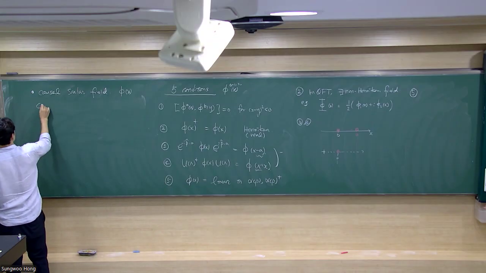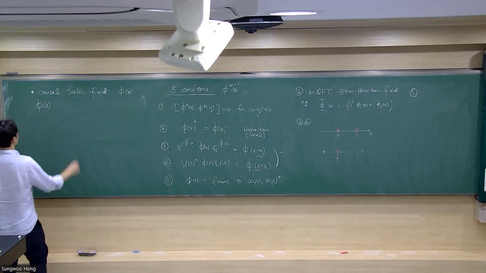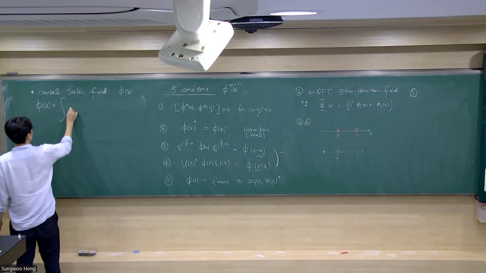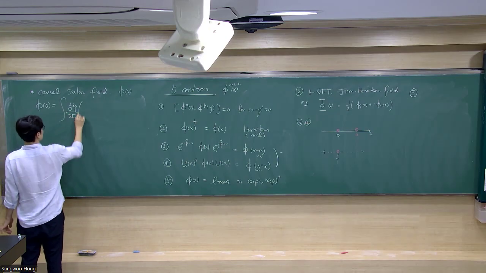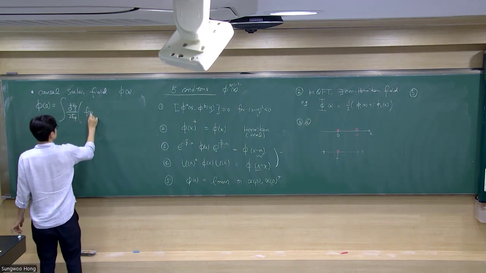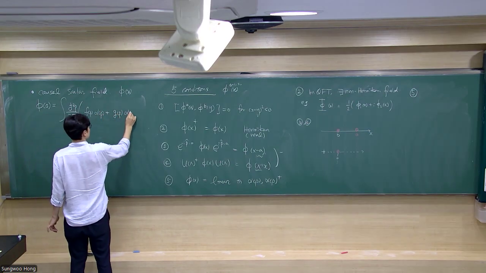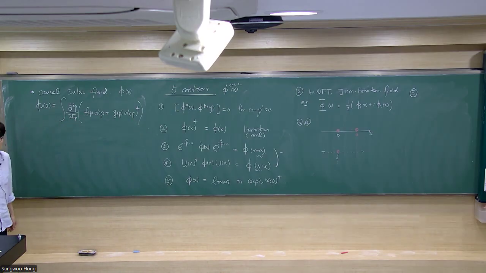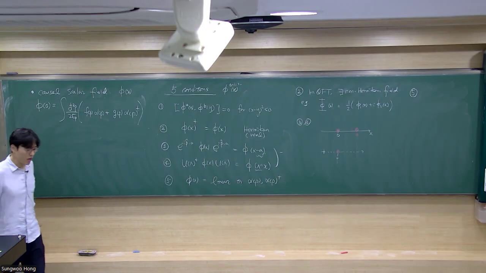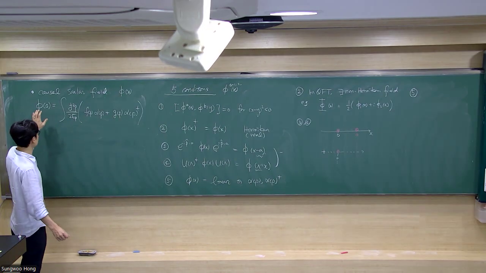Okay, so here we go. As a first step, let me write down a field at the origin. And then I'm going to write it as... so now, does this equation make sense here? What I'm saying is this.